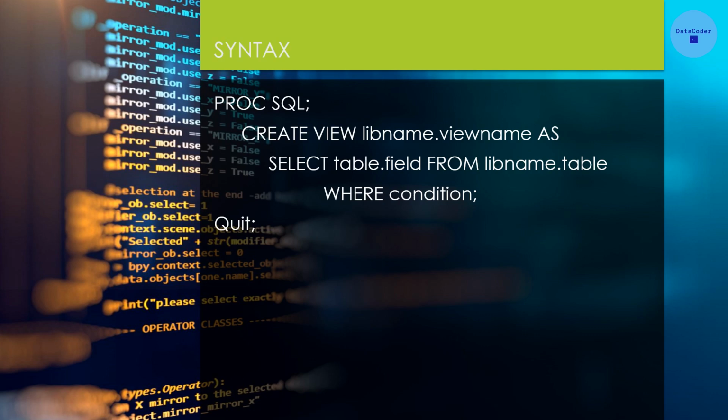In SQL, the syntax is proc sql; create view, then the library name and view name where we need to save the view, as select whatever variables we want to select from the library name where our input data is, and the input table name, then a where condition if we want to filter our data based on certain conditions, then quit.